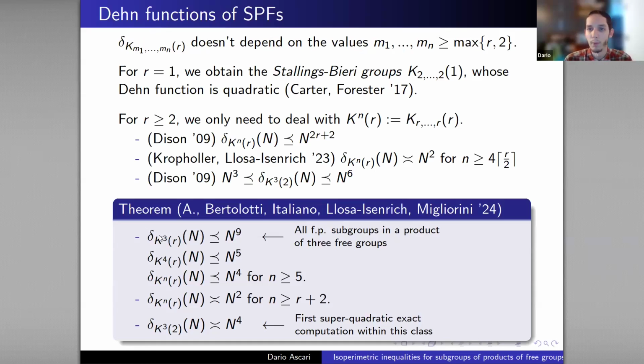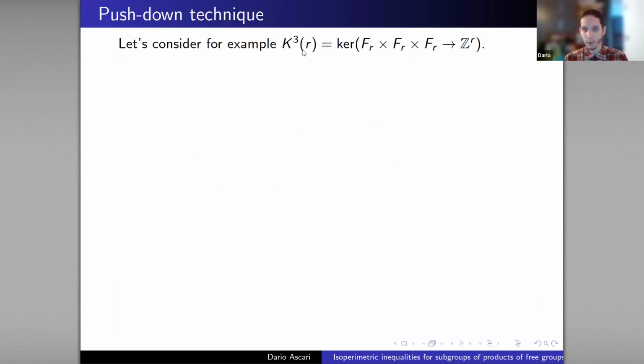I want to give you an idea of how this upper bound is produced. So let's take, for example, K3R, which is this kernel. It's quite easy to prove that it has a certain set of generators, which we call X1, ..., XR, Y1, ..., YR. I will not investigate more on what these are, but it's not hard.